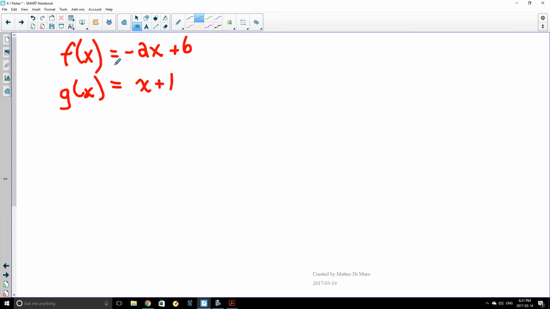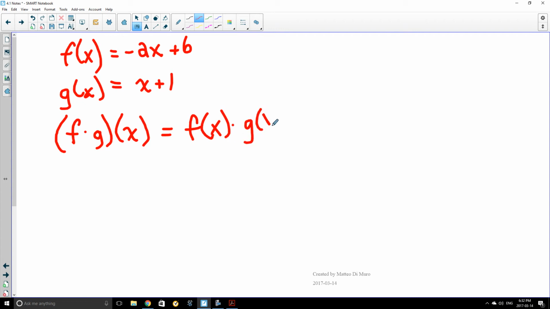Make a prediction here. My prediction would be, we're just going to multiply the y values for f of x times the y values for g of x. So if we actually plug in our functions, there's f of x, g of x is x plus 1. Now, if you FOIL this out, I wonder what we're going to get.